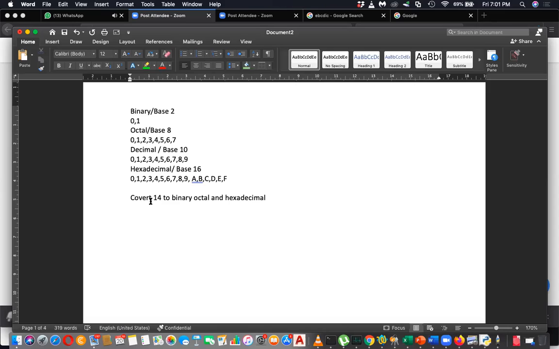Convert 14 to base 2, octal base 8, and hexadecimal base 16. Quickly do this. Write it down and complete it within 2 minutes.